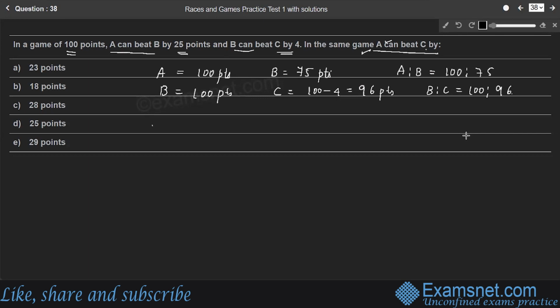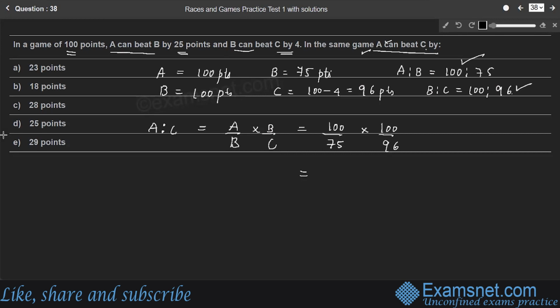For that, we need A is to C. A is to C can be written as A by B into B by C. A by B is nothing but A is to B, both are same. So which is nothing but 100 by 75 into B is to C, which can be written as 100 by 96.